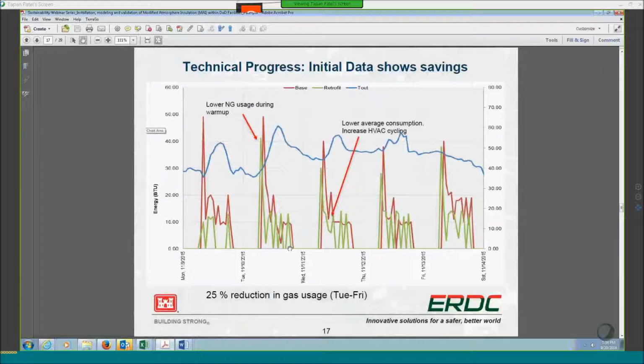And so one of the things we'll look at as part of our ongoing efforts is that this is a detrimental effect in some sense because increased cycling increases the wear on your components. So it's a trade-off between reduced energy usage and increased wear and tear on your components. So that's one thing we will be looking at.